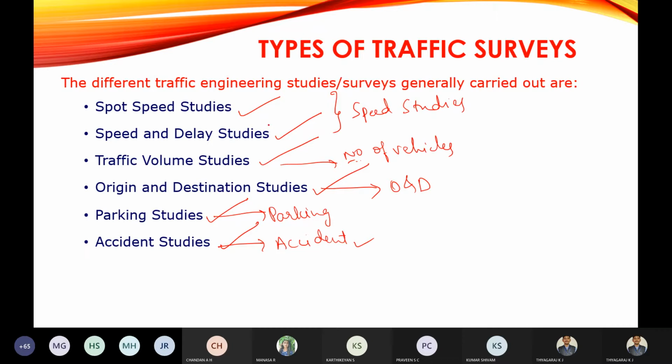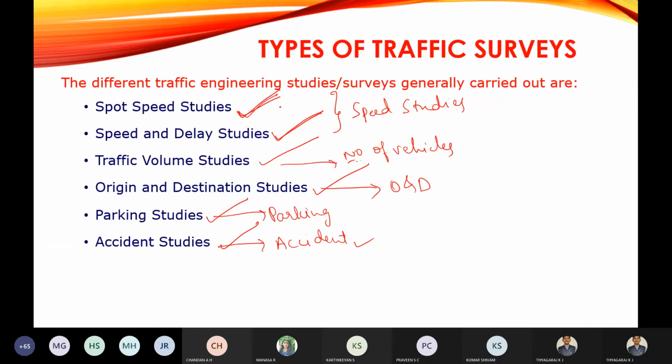I told you, the studies are divided into 6 categories.